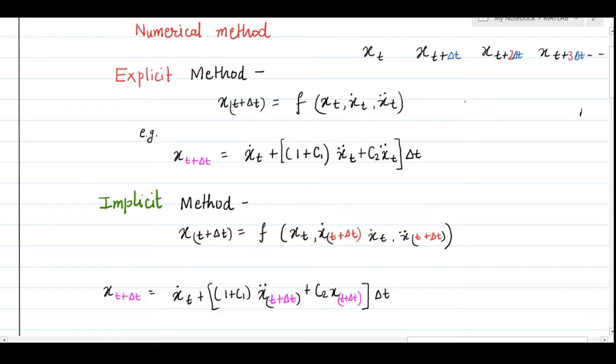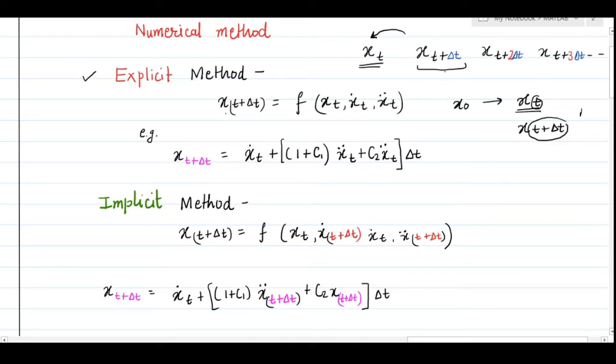For example, my initial condition I am denoting with time step t, meaning I know the data corresponding to time step t and I am interested to find the data corresponding to t plus delta t. So to get the response for a given time step, you are going to use only data available from the previous time step. So a method which uses only the previous time step comes under the category of the explicit method.